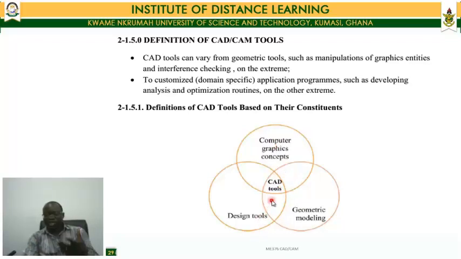So you have a CAD tool, and let's say you have your computer which has the capability of displaying the graphics, and then you can use those tools to create a geometric model. So CAD tools are made up of these three: design tools, computer graphic concepts, and geometric modeling.